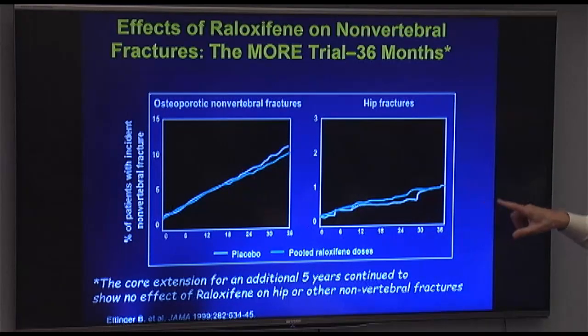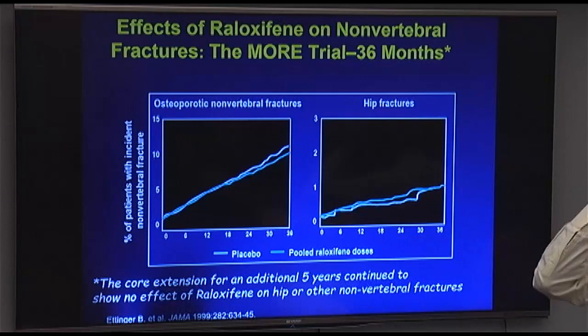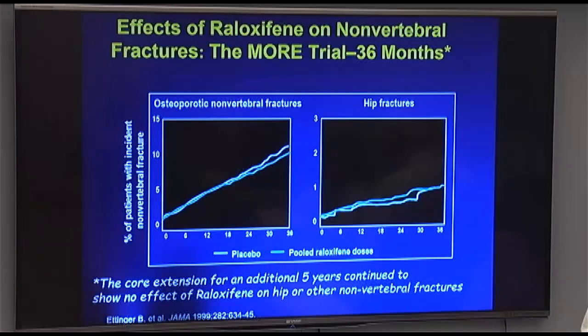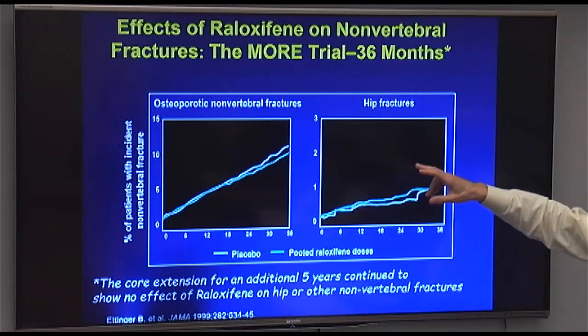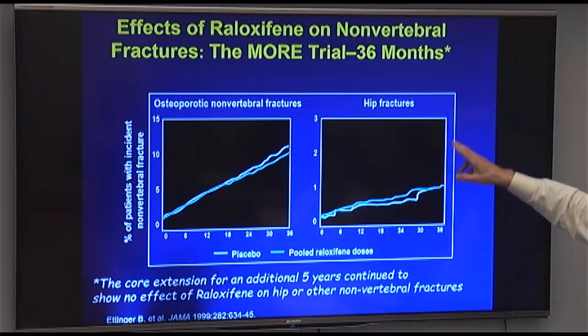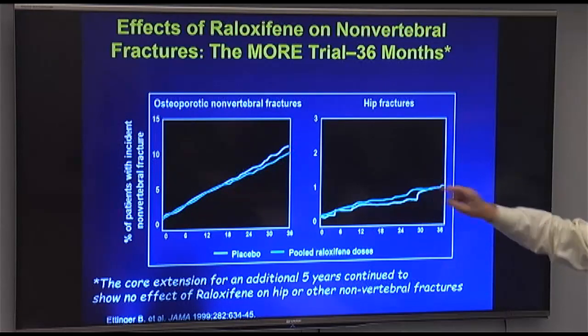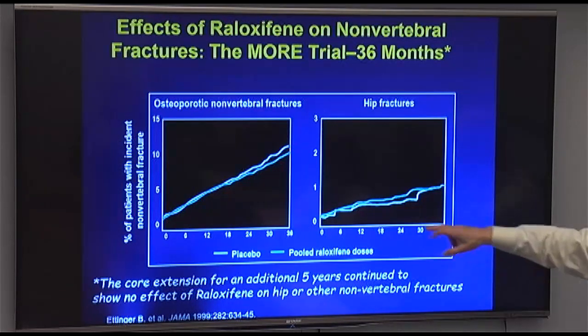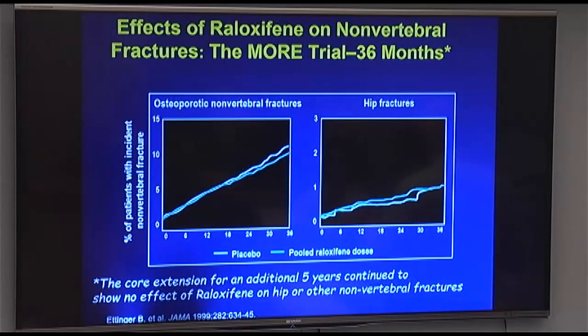But here is where we are not as happy about raloxifene, and it has to do with the data for non-vertebral fractures. This is from the original trial, looking at osteoporotic non-vertebral fractures, hip fractures, the treatment group versus the placebo group, and out to the 3 years of the clinical trial, the curves did not separate. And the extension of this trial, the core extension, went on for 8 years, and the curves are exactly the same.